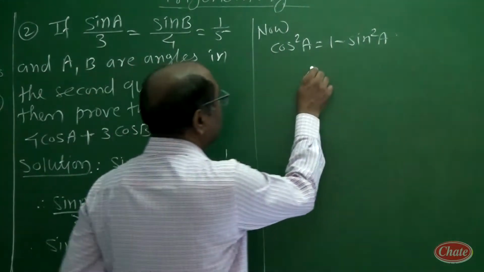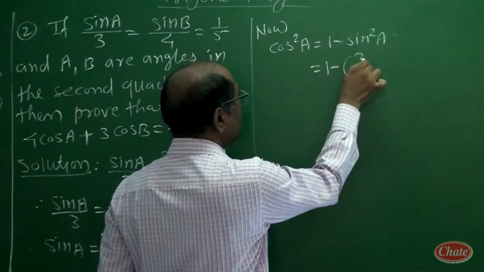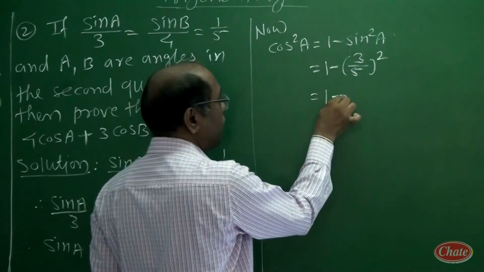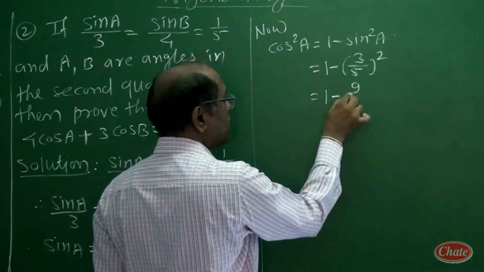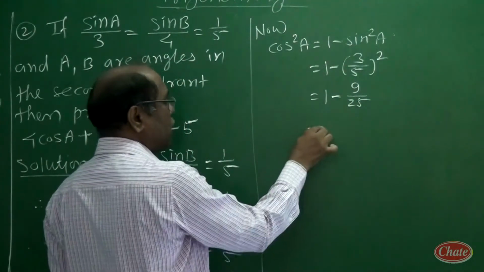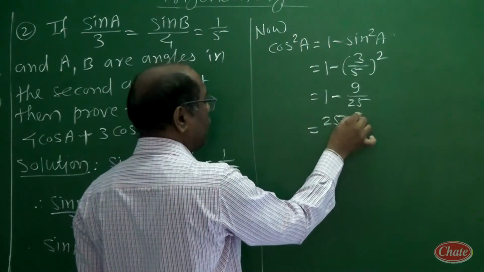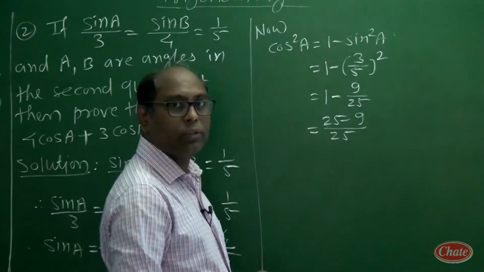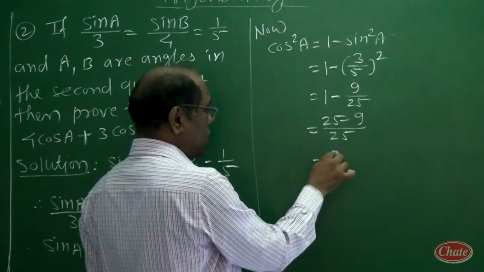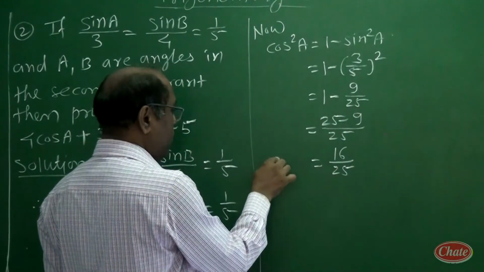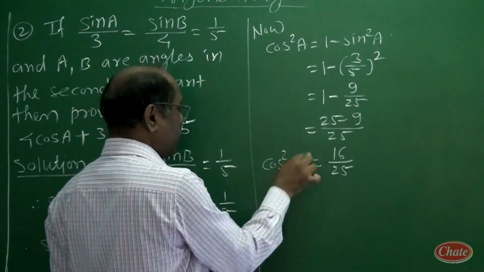So that is equal to 1 minus (3 by 5) whole square, so 1 minus 9 by 25. Now if we take the cross multiplication here, what we get? 25 minus 9 divided by 25, that is 16 upon 25. So it is the value of cos square A.